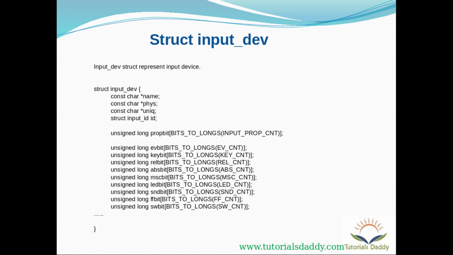You also have to define the event codes you are going to use, event bit, key bit, relative bit, absolute bit, in your input dev structure. It is allocated by the input device alloc call from the input subsystem, which we can use for allocating memory for this input device structure.